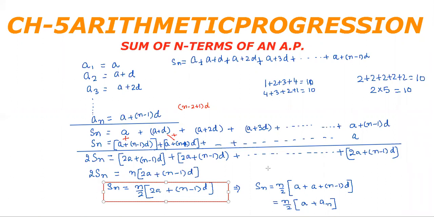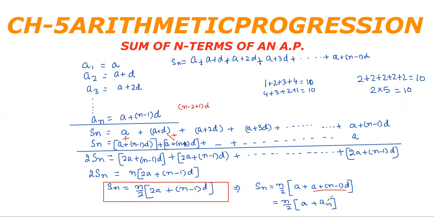Now, similarly, this formula can be written in another form also. I can split this 2a as a plus a. So this will become a plus a plus n minus 1d. Children, if you see, the last term, a plus n minus 1d, is the formula for the nth term of an AP.